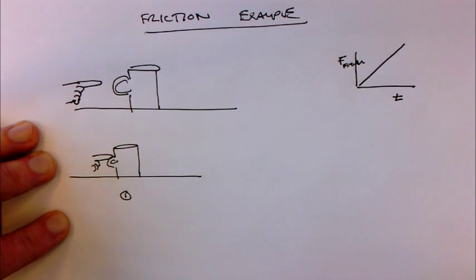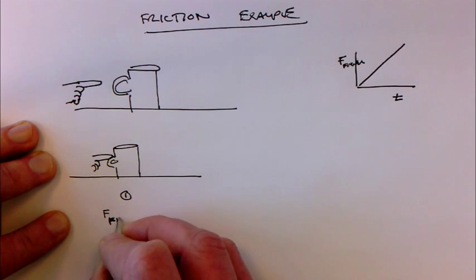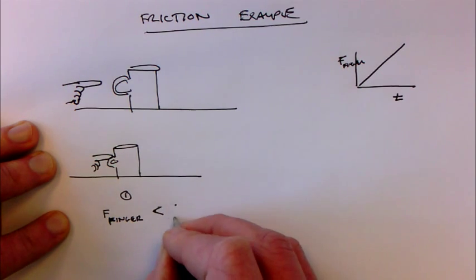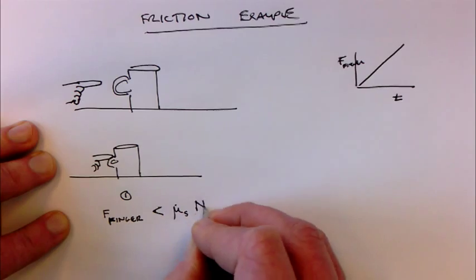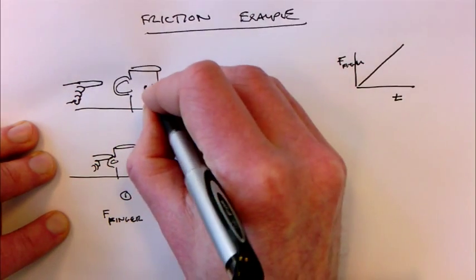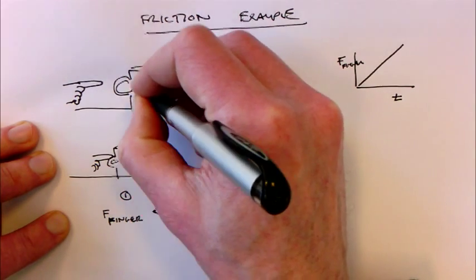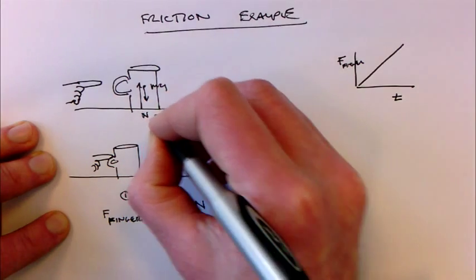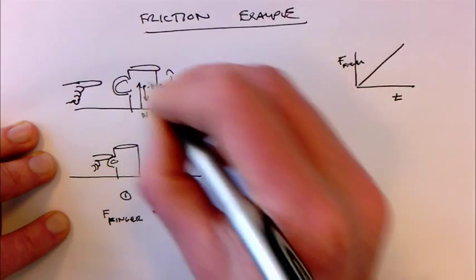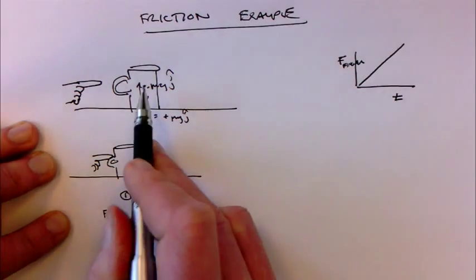I'm pushing such that the force of my finger is less than the static coefficient of friction times the normal force. Just to note this, there's a gravitational force acting on this coffee cup, minus mg j hat. Because the coffee cup's not falling into the table, there must be a force plus mg j hat that's the normal force, so the table is pushing up.